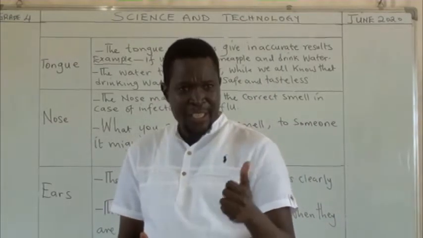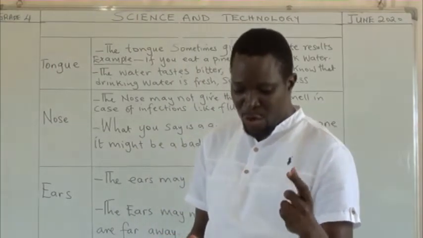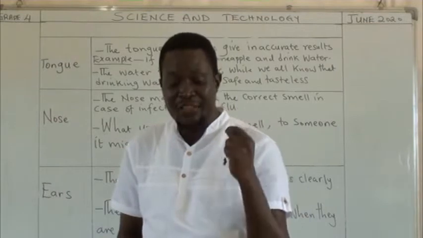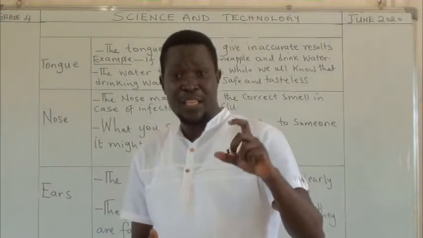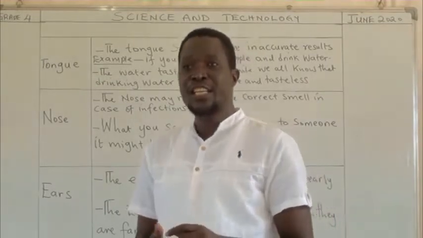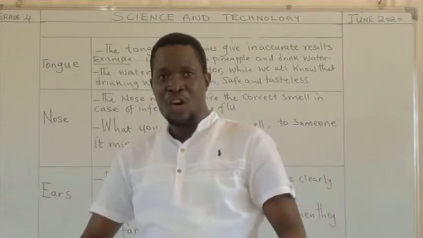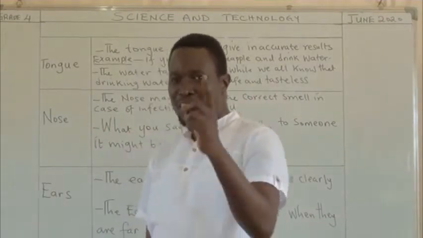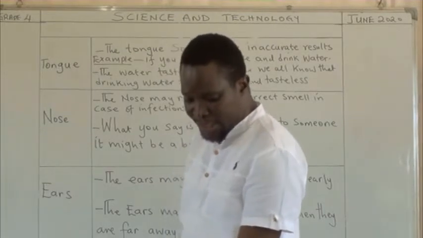But what is the limitation of the skin? The skin is used for feeling, though it cannot tell the exact temperature of an object that has been in contact with it, or give you the exact temperature of the hot weather or the cold weather in your surrounding. So that is a limitation of the skin.